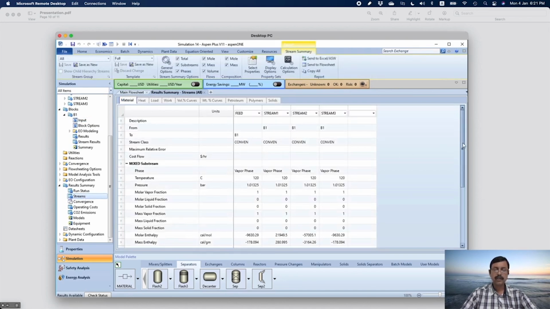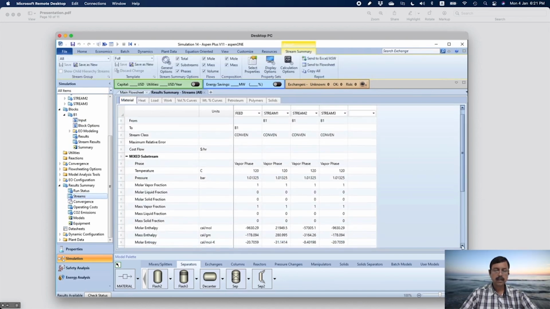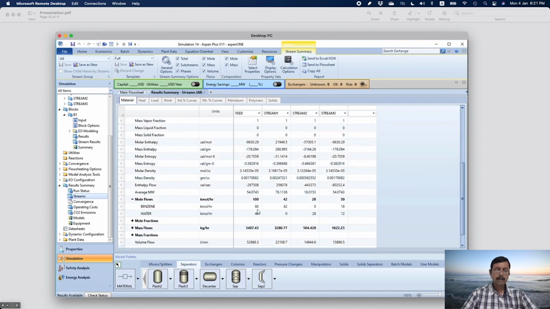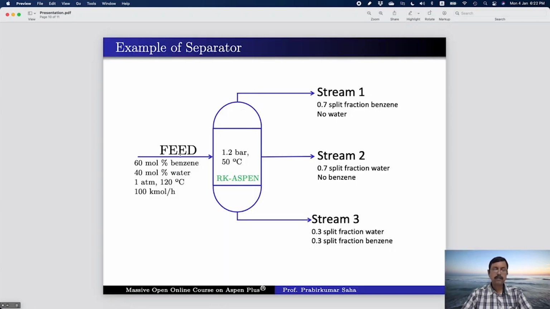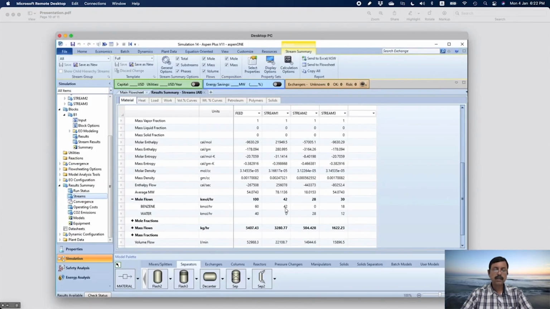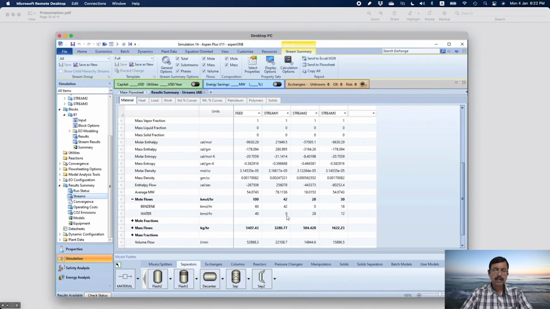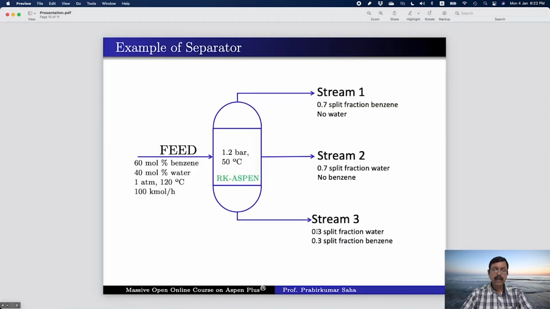See the condition of stream 1, stream 2 and stream 3. So the mole flow of benzene is 60, so 70% of 60 mole of benzene, that means 42 kilomoles of benzene will go to stream 1, whereas 70% of 40, that means 28 kilomole per hour of water will go to stream 2, and stream 3 will have a combination of 30% of benzene and water.